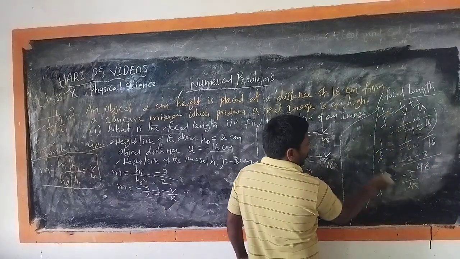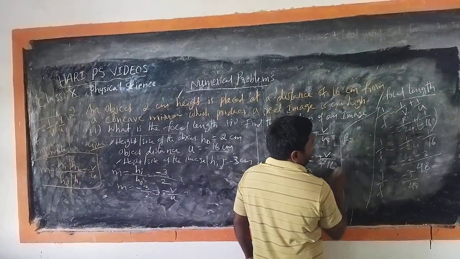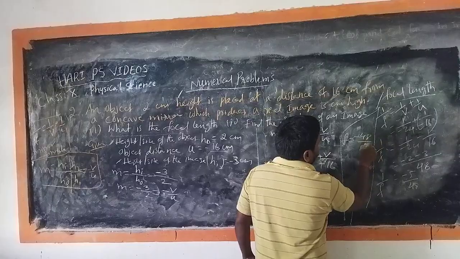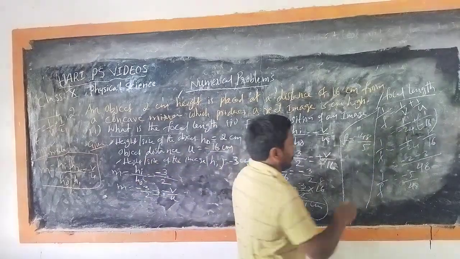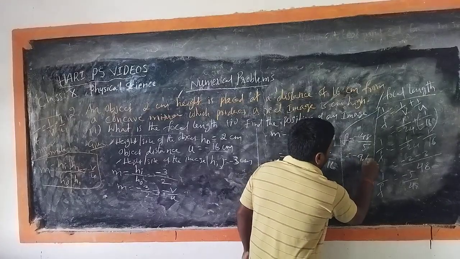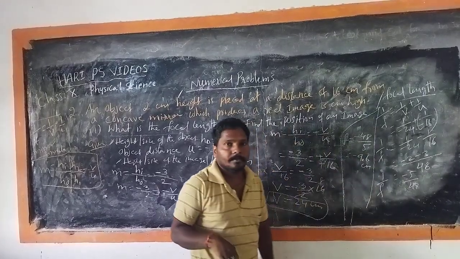So 1 by f equals minus 5 by 48, and f is equal to minus 48 by 5. Whenever we simplify it, we get minus 9.6 centimeters.